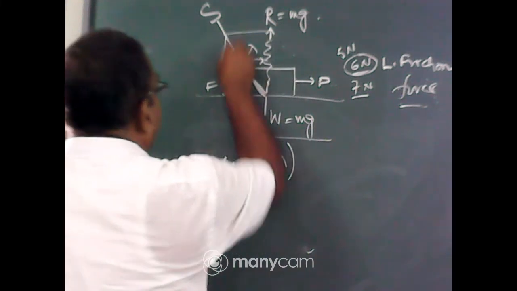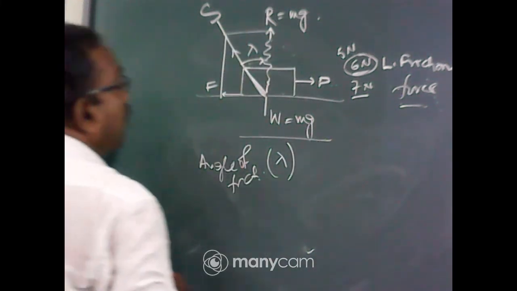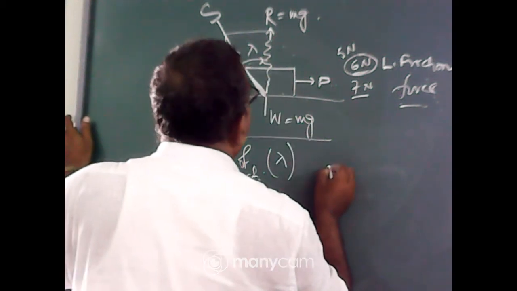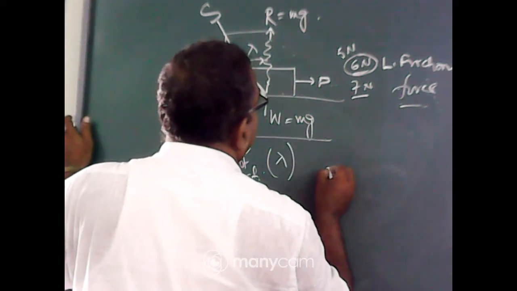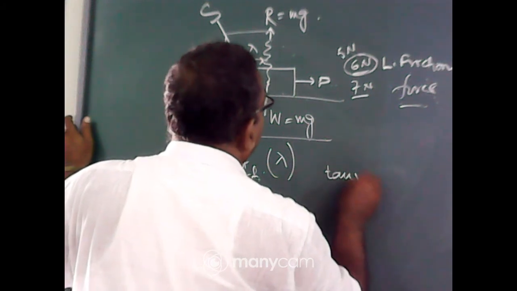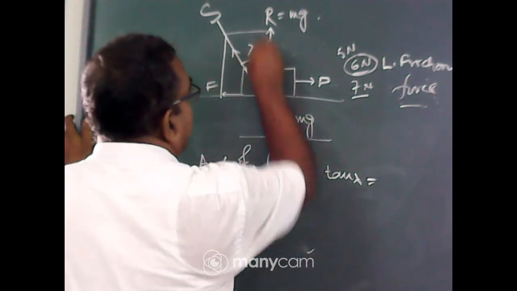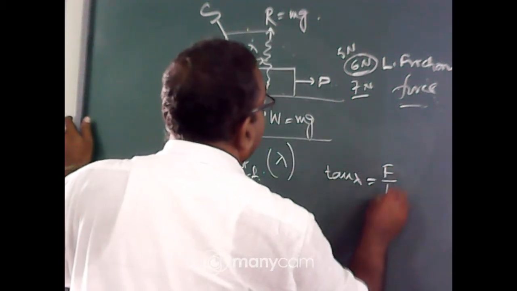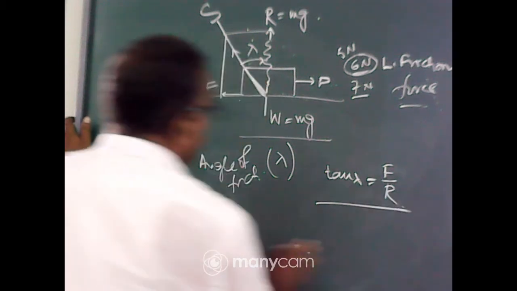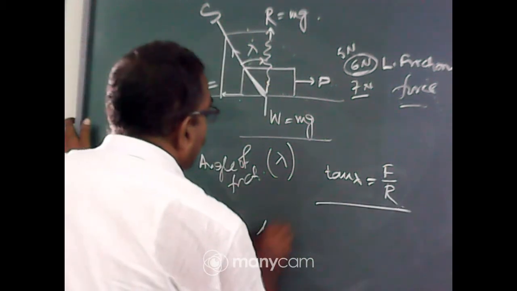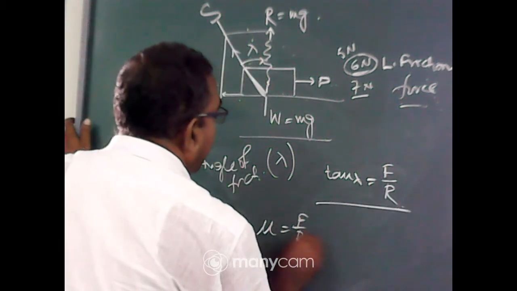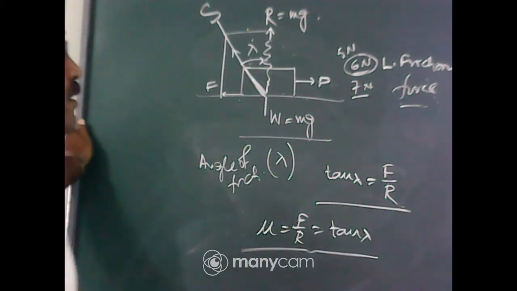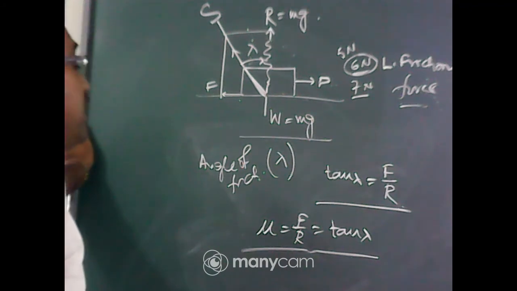You draw the parallelogram or rectangle. For the value of lambda, tan lambda equals height by base, so height means F, and F by R. You know mu equals F by R equals tan lambda.